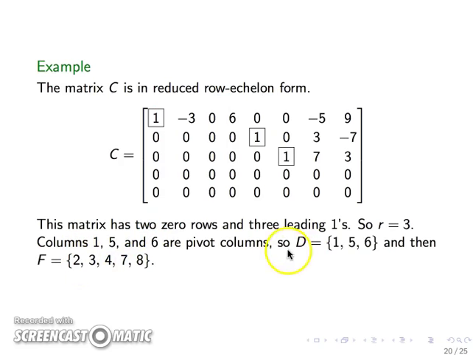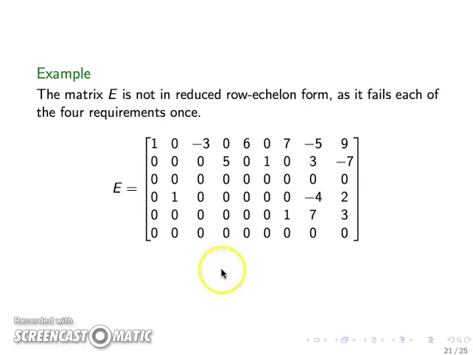So this is how the definition of these two sets goes. Once you are positive that the matrix is in reduced row echelon form, then you first determine the number of non-zero rows, and then you immediately determine the indices stored in the set capital D and the indices stored in the set capital F. Now, is this matrix in reduced row echelon form?